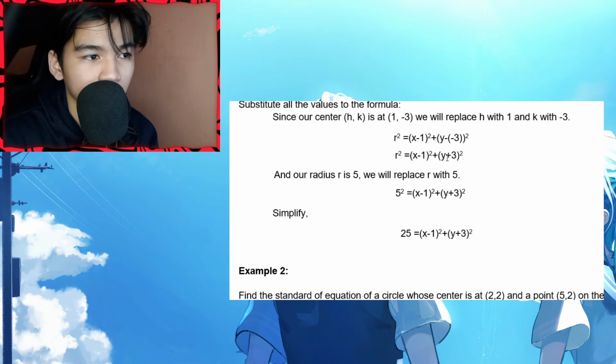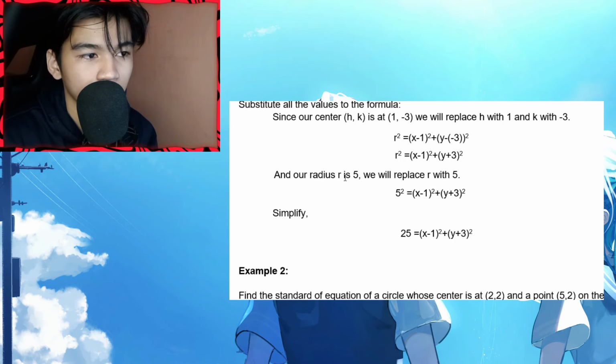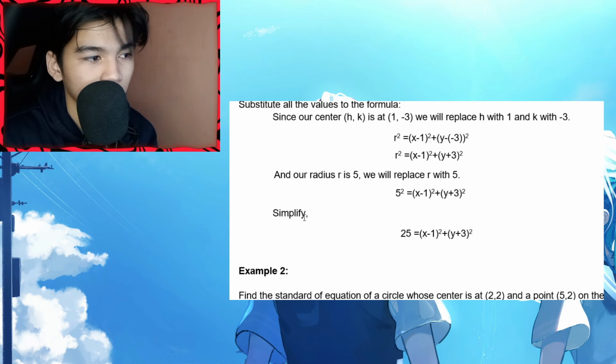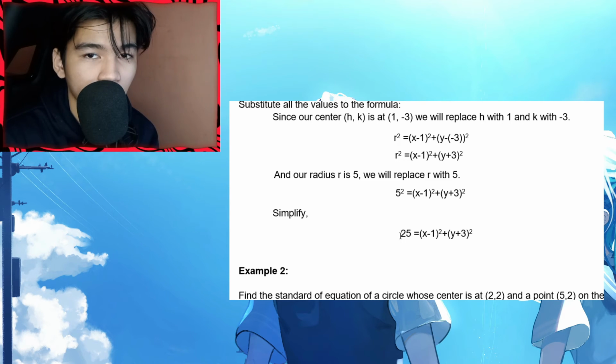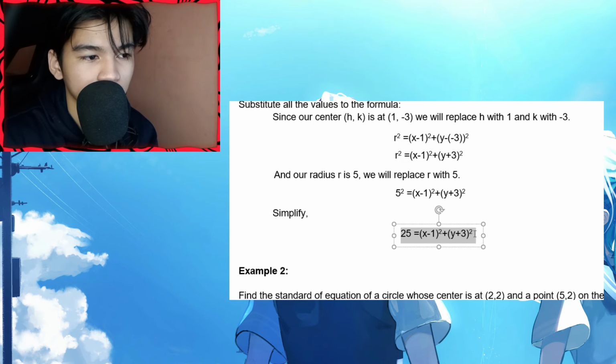So you see now that it became positive or plus. And our radius is 5, so we will replace r with 5. So 5 squared is equal to 25. That's the simplification. So it will become 25 equals x minus 1 squared plus y plus 3 squared. So that is the answer for example number 1.